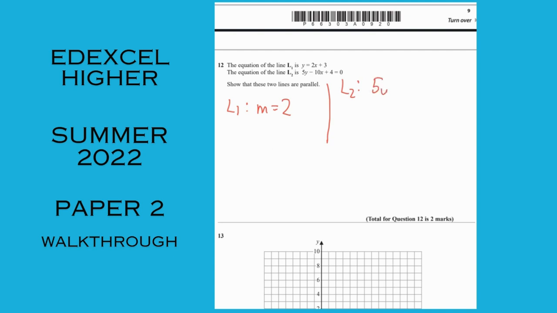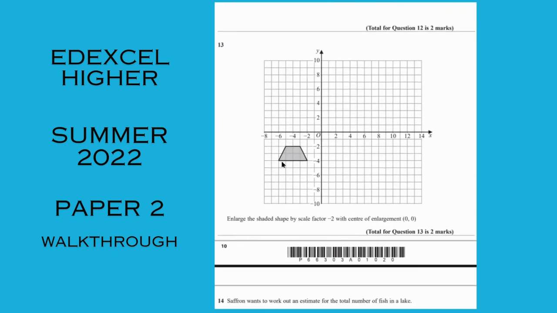So let's add 10x and take away 4 from both sides. Let's divide both sides by 5. And again, we can see the gradient is matched. So make a statement, same gradient, hence parallel. We'll top it off quite nicely.